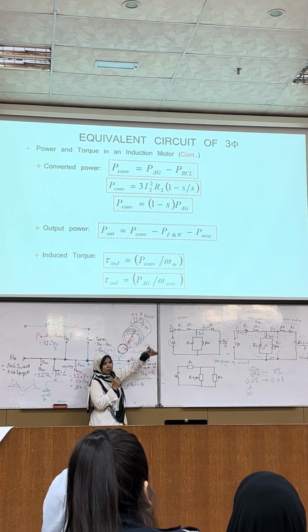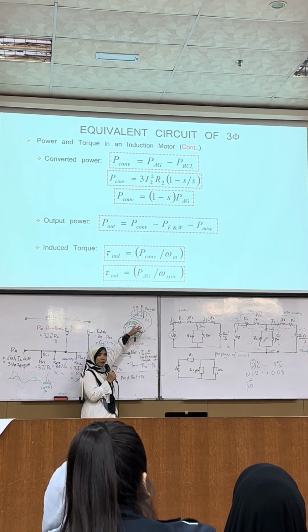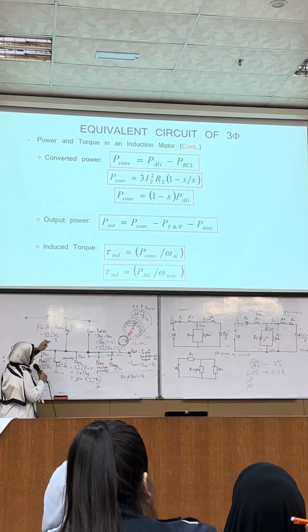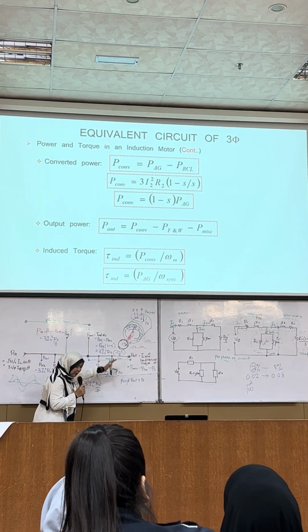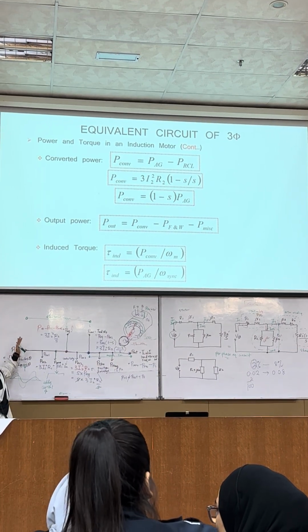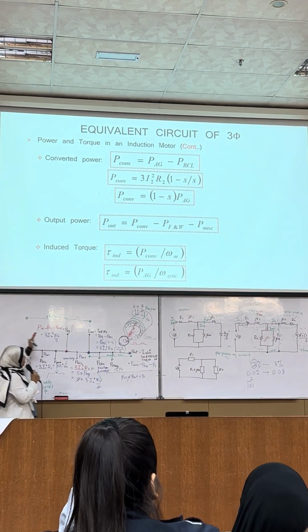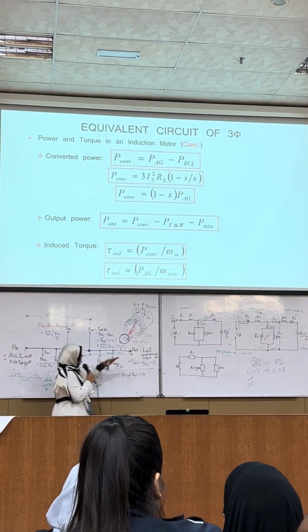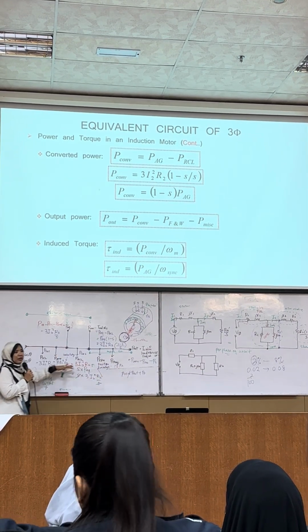Dia akan lalu mana dulu? Dia akan lalu stator ke? Dia akan lalu rotor ke? Where does this power go? Where does this energy go? So in term of fishbone diagram, dia tunjuklah from input nak ke output, tak mana possible losses, tak mana dia akan hilang.